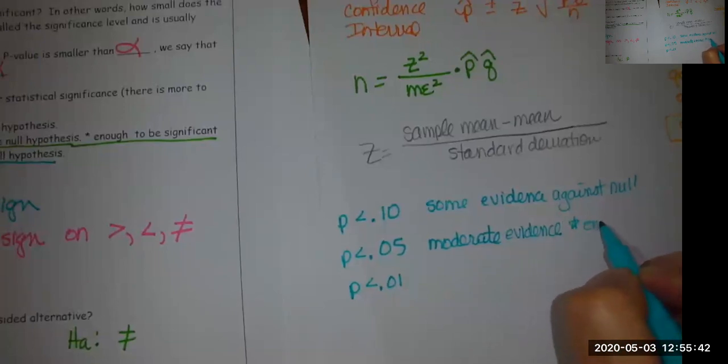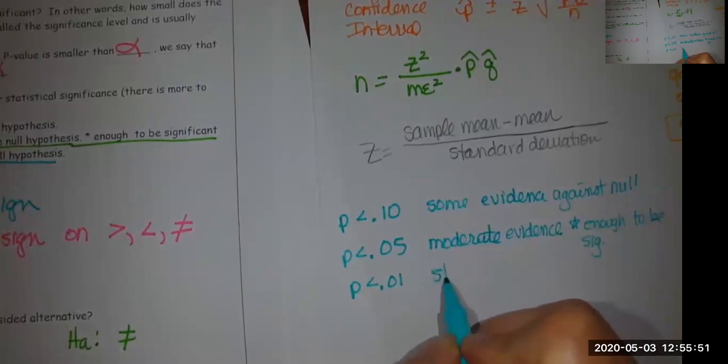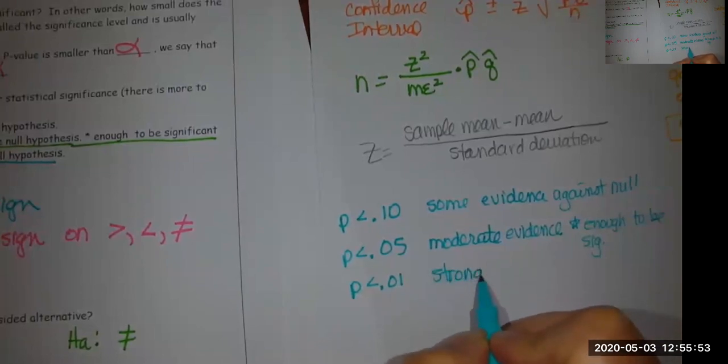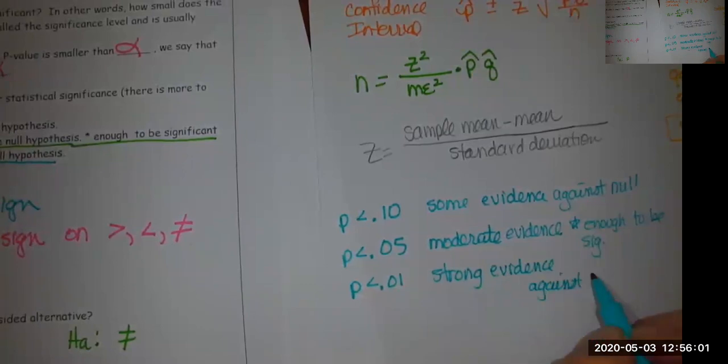This is enough to be significant. And then here we have strong evidence against the null hypothesis, which is H naught, right?